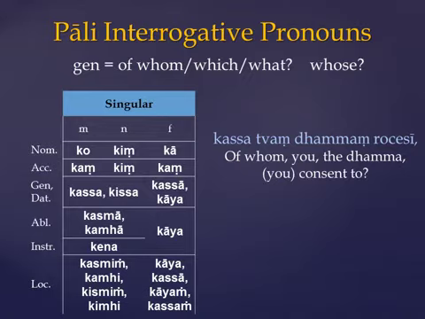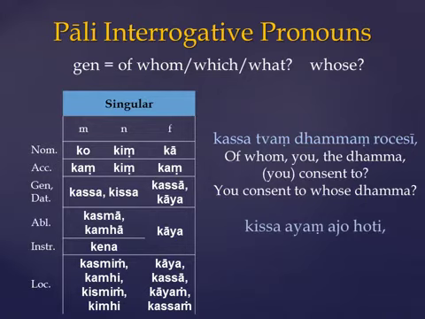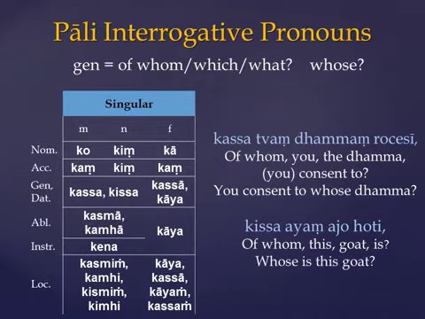The Dharma of whom, or you consent to whose Dharma. Or in another example, kissa ayaṃ ajo hoti, of whom this goat is. Ayaṃ and ajo are both in nominative case, and here form a unit, so we can render this whose is this goat, or equally, whose goat is this?